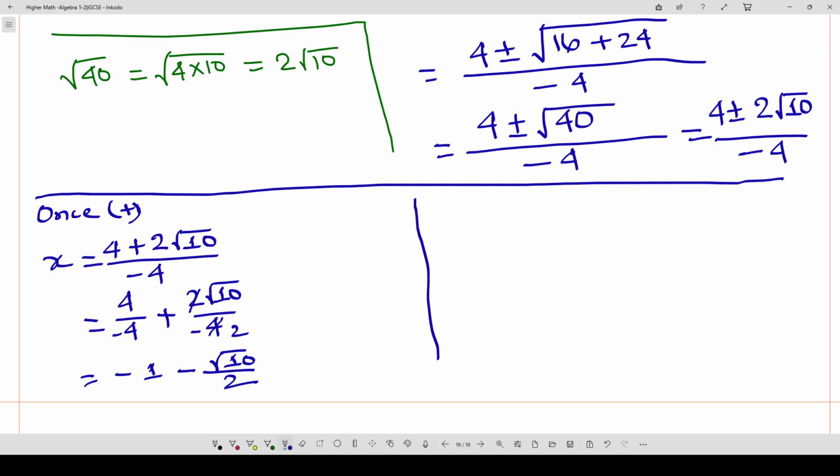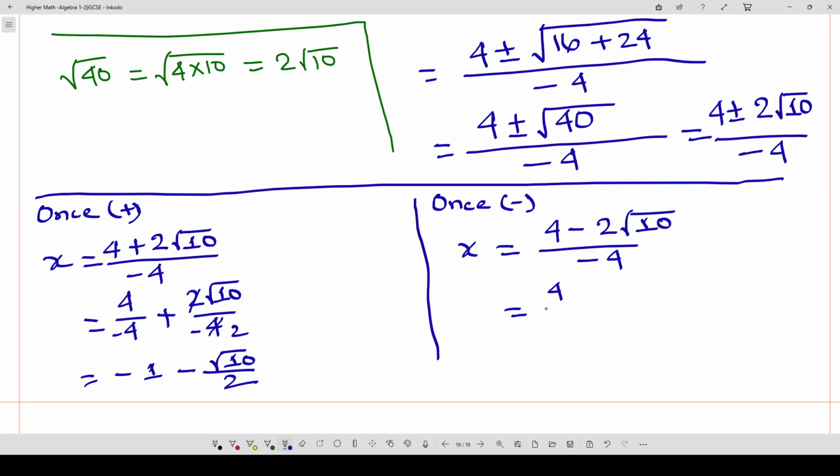So what will be the next? Next part, once negative, x equals 4 minus 2 root 10 by minus 4.